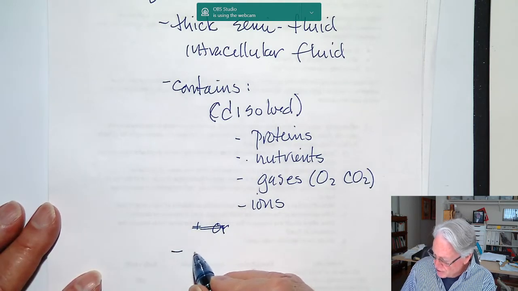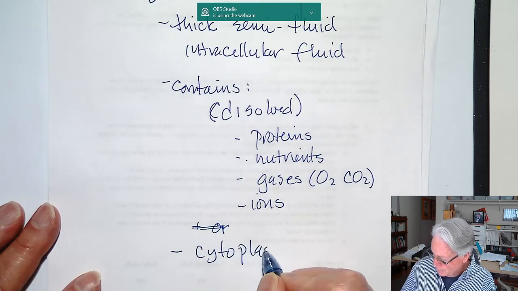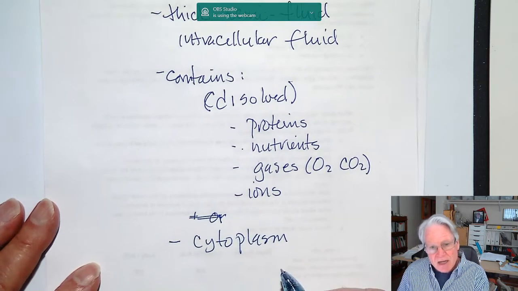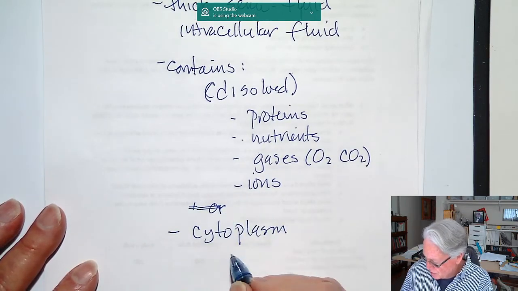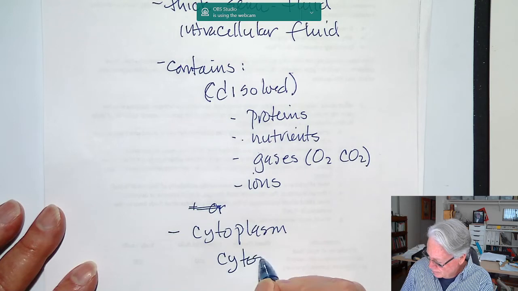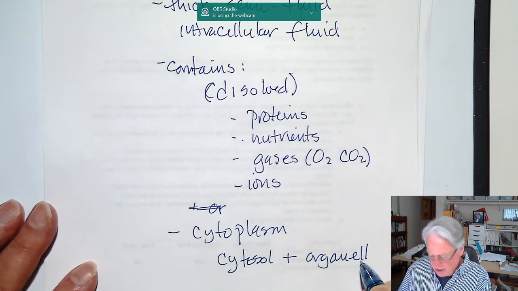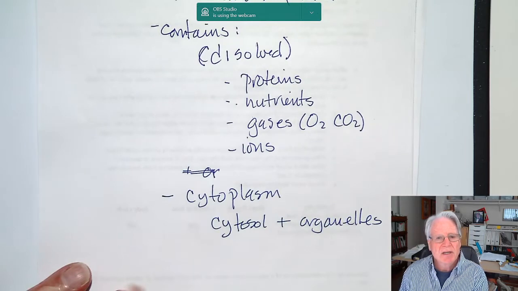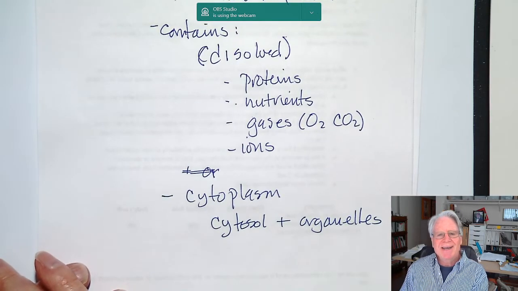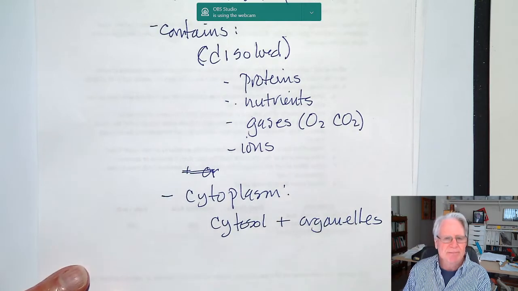So there's another term which I will define, cytoplasm. And the cytoplasm includes the cytosol, which we've just described, plus the organelles. So I was about to make a mistake and lump the organelles into the cytosol, but they're actually separate. When we combine the organelles together with the cytosol, what we're really talking about is cytoplasm.